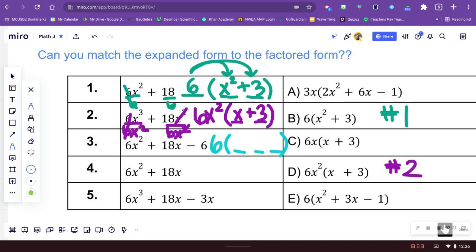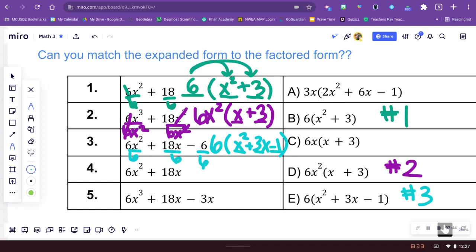So if you can't divide everything by it, you can't divide anything. Okay, so keep that in mind. So after I take out a 6 from each term, I'm going to have x squared plus 3x minus 1. So that looks like it's going to be E.